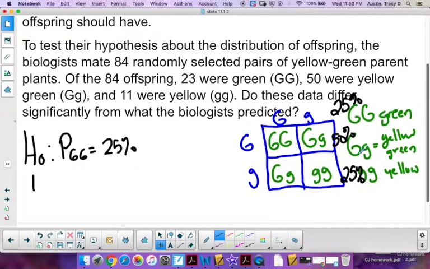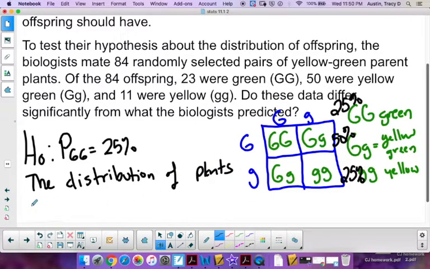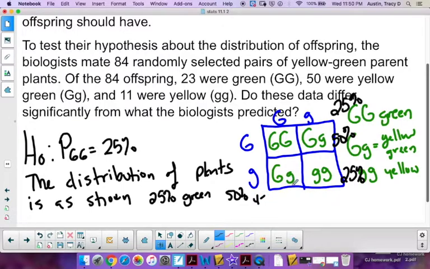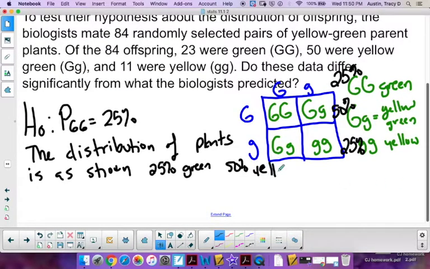Or, since you've already shown the Punnett square, and this would be something you'd be expected to do on your open response question, you would say the distribution of plants is as shown: 25% green, 50% yellow-green, and I'm running out of room, 25% yellow. All right, so that's your null.